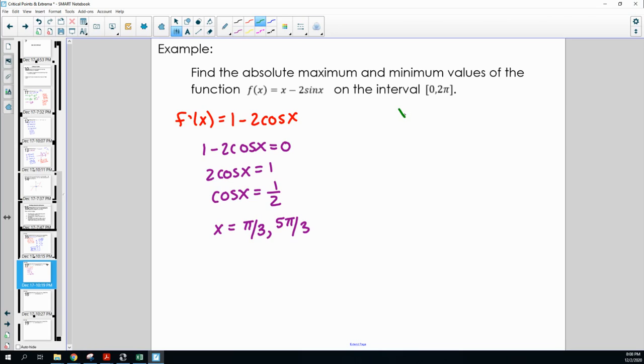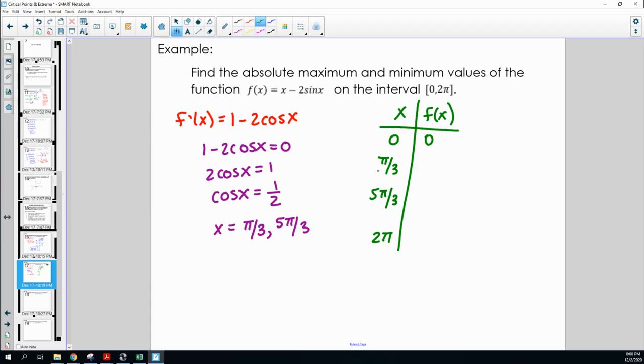Now I'm going to make an x, f of x chart. I'm going to use my 2 endpoints, 0 and 2 pi. You can put the EP or not. And then I have pi over 3 and 5 pi over 3 as my critical points. These I'm going to plug right into my original function. I plug in 0, and I get 0.